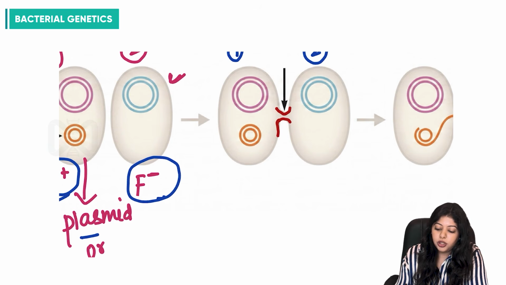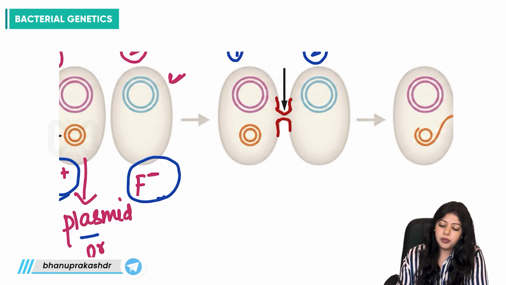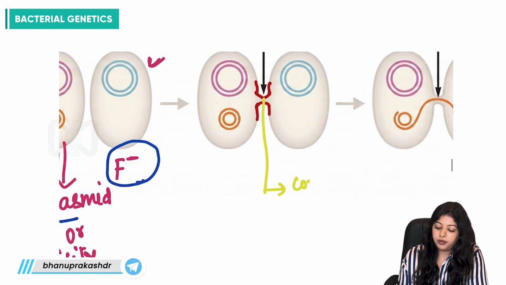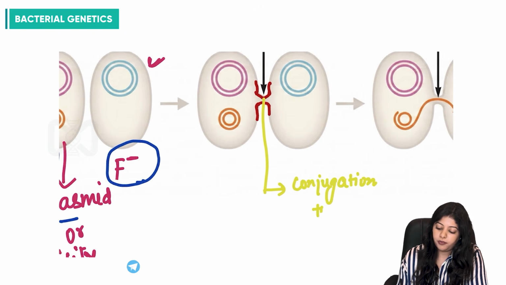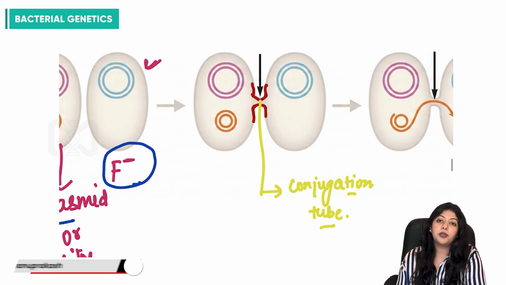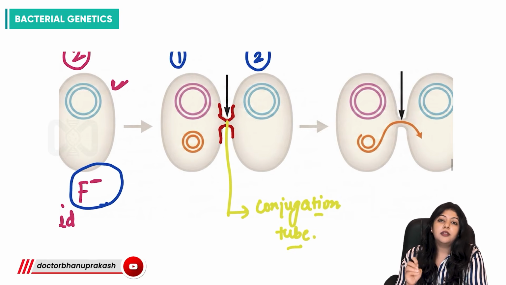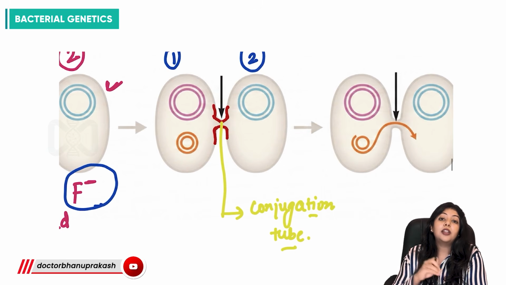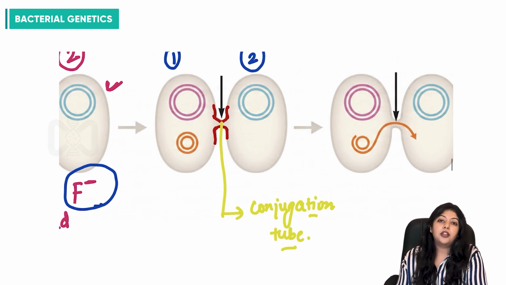There is a tube which is formed between the two bacteria, and this particular tube is known as the conjugation tube. Now, since the conjugation tube has been formed, the next step that occurs is the transfer of this genetic material or the fertility factor from bacteria 1 to bacteria 2.